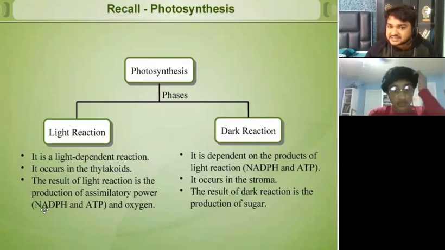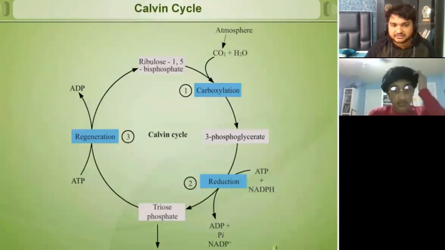And in the light reaction, NADP and ATP were produced. So it means the dark reaction is dependent on these products. Yes, mainly the product, because without energy, it will never happen.